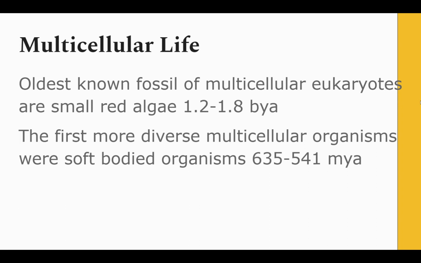The more photosynthesis that happens, the more oxygen in the atmosphere, the more complex life gets. That is where we are in geological time. So from this 1.2 to 1.8 billion years ago mark to the 635 to 541 million years ago mark, it was mostly small algal plants until we got to these soft-bodied worm-looking things.